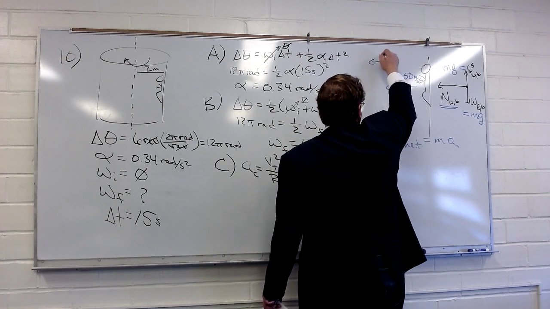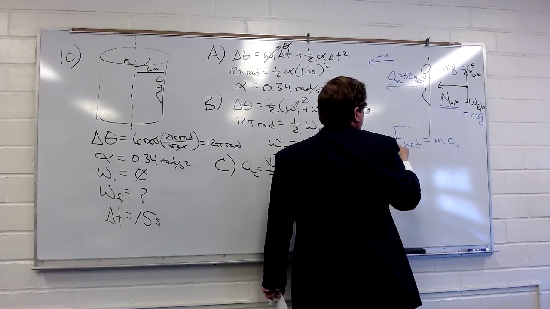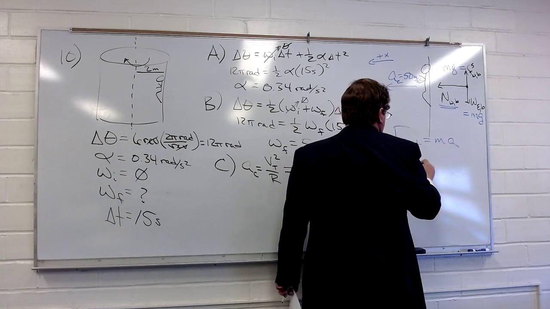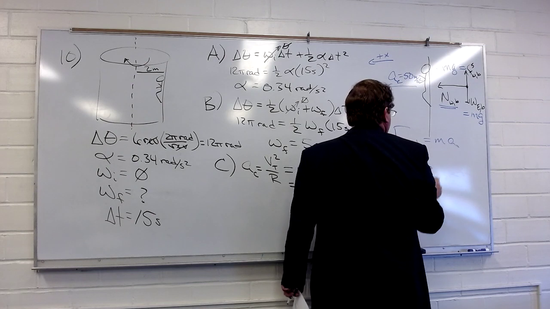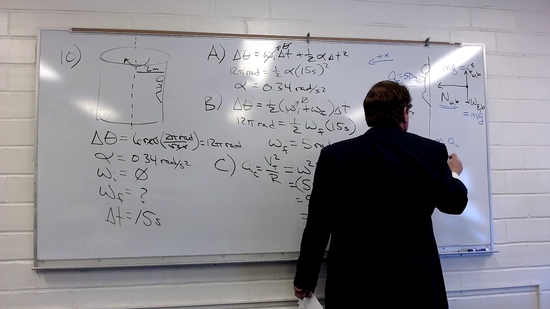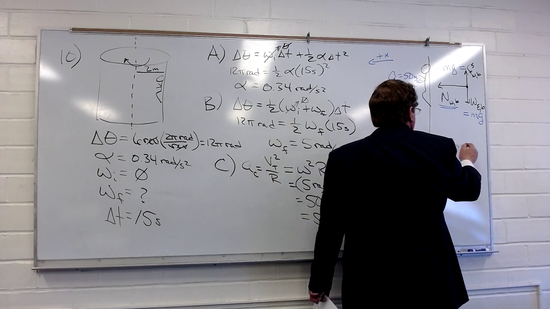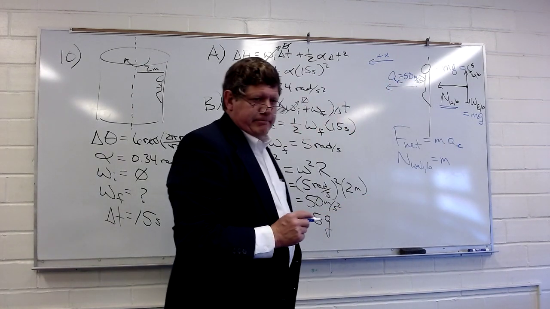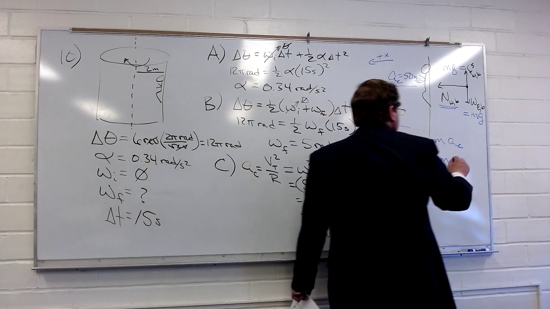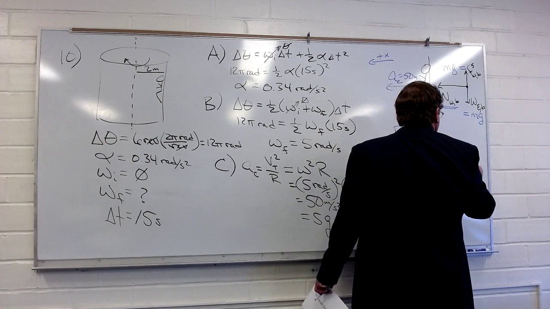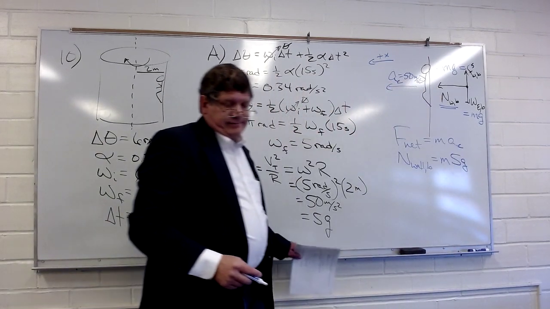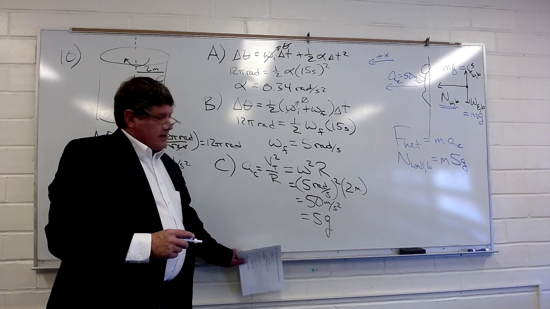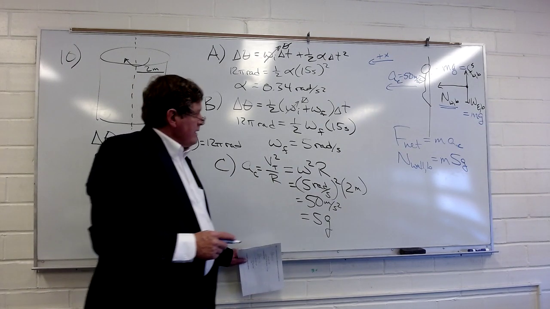Well, if I call that the positive x direction, the only force in the x direction is going to be that normal force by the wall on Billy. And that's equal to the mass times a. This is centripetal acceleration. And instead of writing 50, I'm going to write it as 5 times g. Because 50 meters per second squared is 5 times 10 meters per second squared.